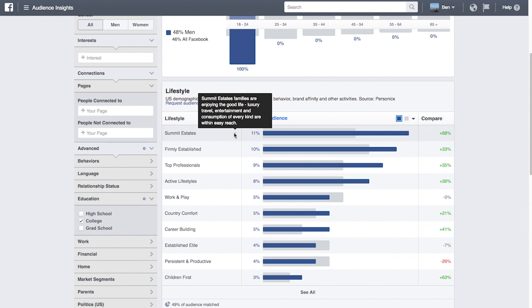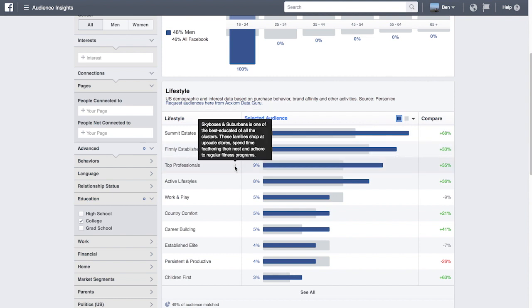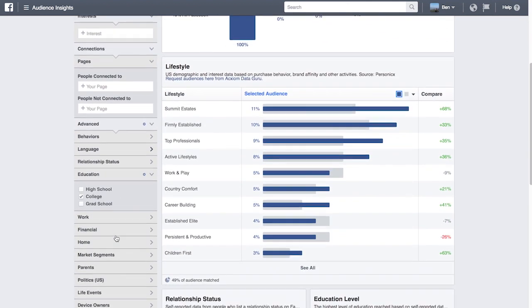So now we know that. We know that of the people in college between 18 and 24, 10% of them are upper middle class couples with school-aged children, homeowners, minivan drivers, and avid radio listeners. We know that top professionals have a college. Oh, so this is actually saying that these people have a college education between 18 and 24.